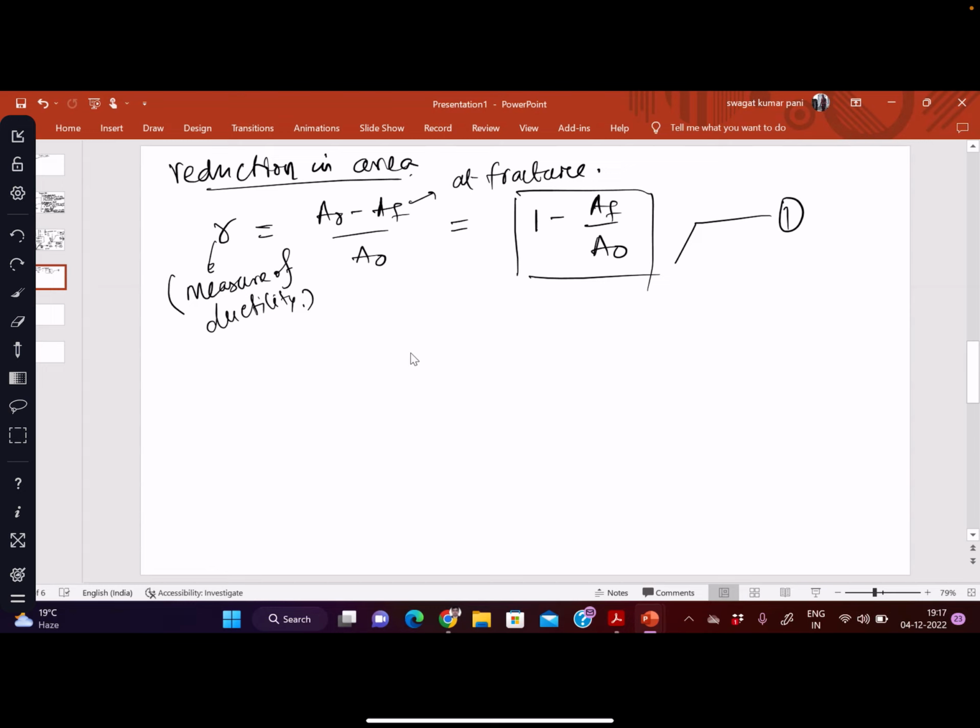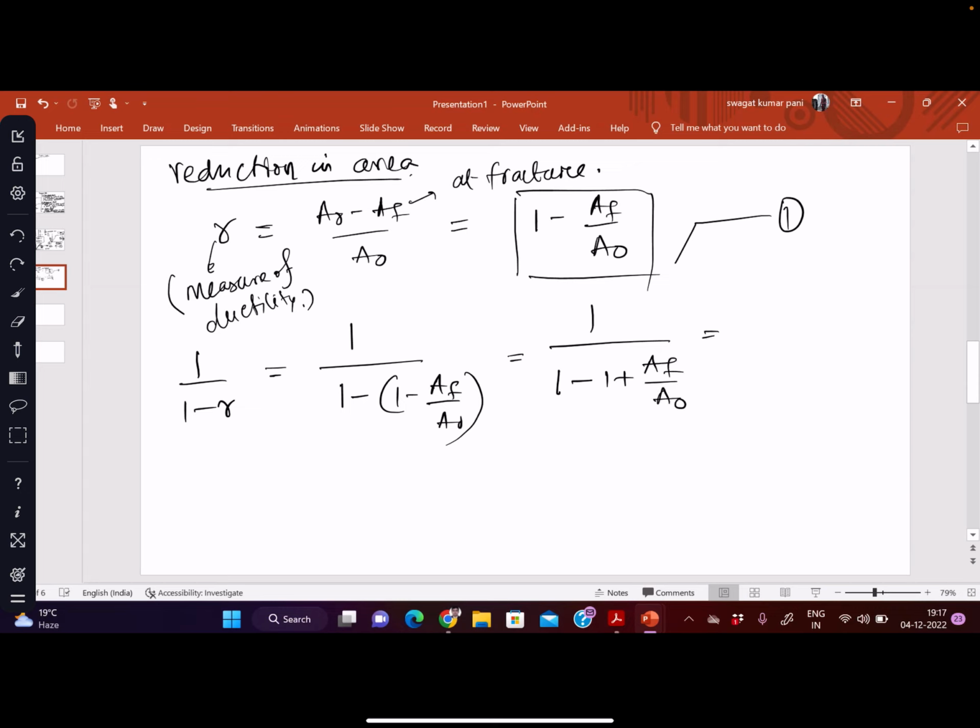Now what we can do, suppose you take 1 by 1 minus R. So what will this be? 1 by 1 minus R equals A0 by AF.